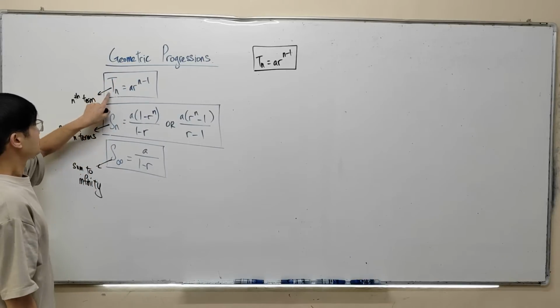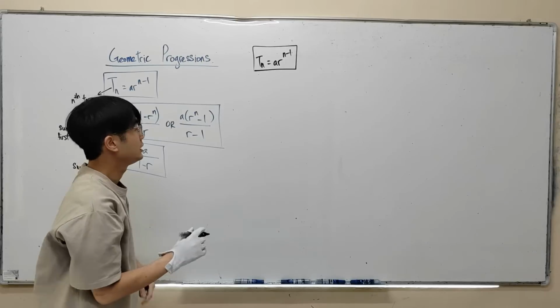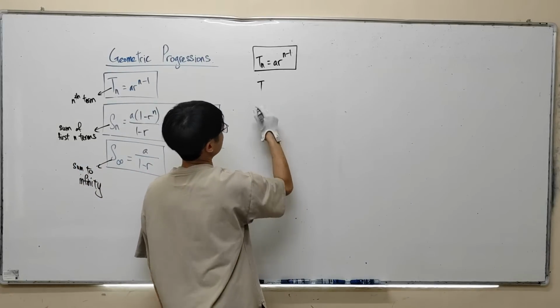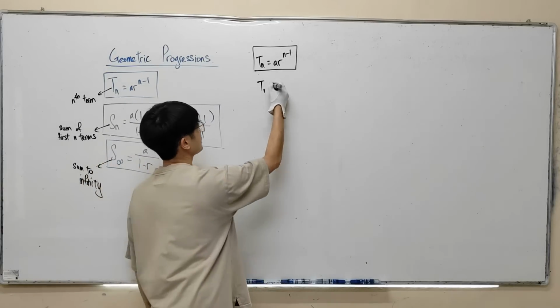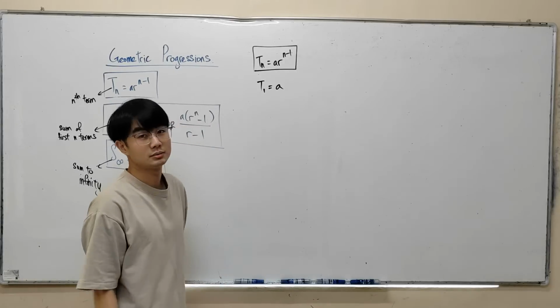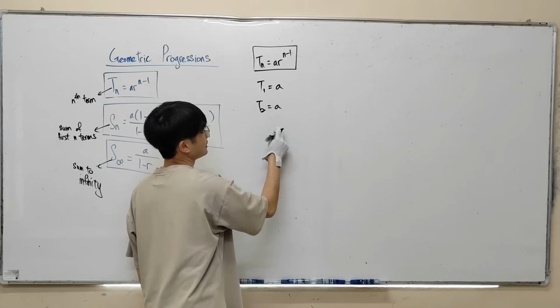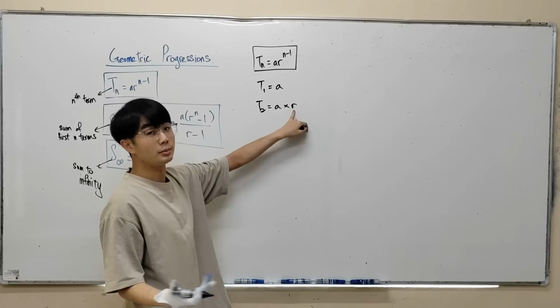So how can we derive this formula, right? First of all, we need to know T stands for term. If I say T1, we are saying that it's the first term, so T1 is basically just A, because it's the first term. T2 will be A times R, and the R is the common ratio.